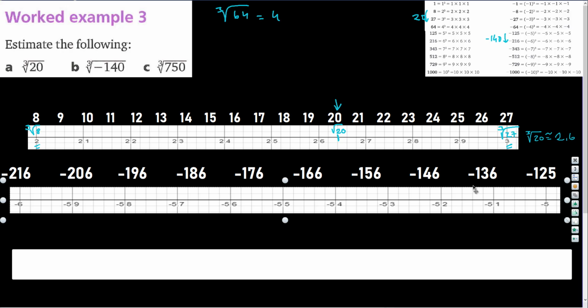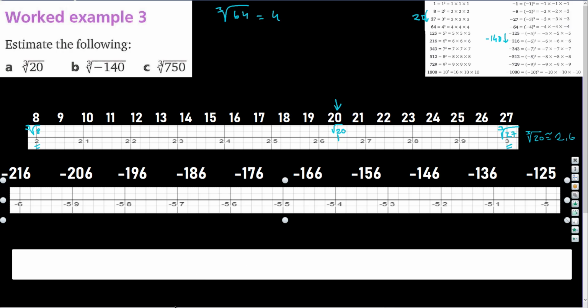I wrote the numbers with 10 differences, because it's not possible to write all the numbers between minus 216 and minus 125 on this page. So by decreasing by 10, I wrote the numbers, and if you want to find the place of minus 140, you should check the distance between minus 146 and minus 136.